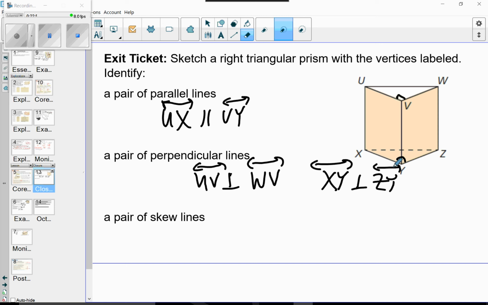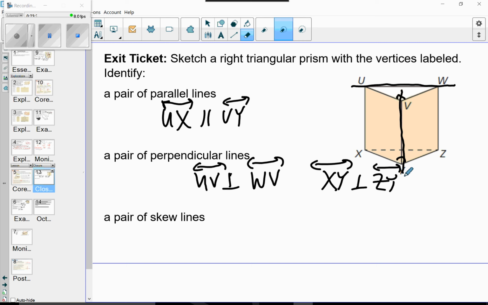Okay. Finally, a pair of skew lines. Everybody may have something a little bit different. What I'd imagine most of you probably picked for this one is UW. UW is going to be skew with VY.